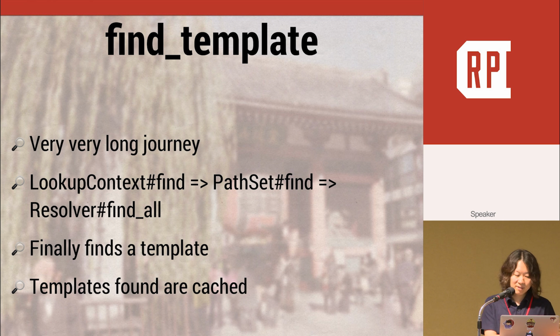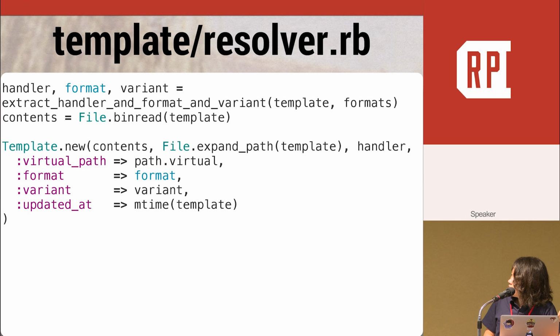And the templates found are cached in the memory. This is the final code executed. It returns the instance of template with the contents. Contents is the string that is written in the file, right?